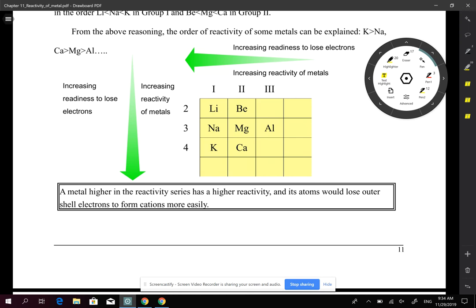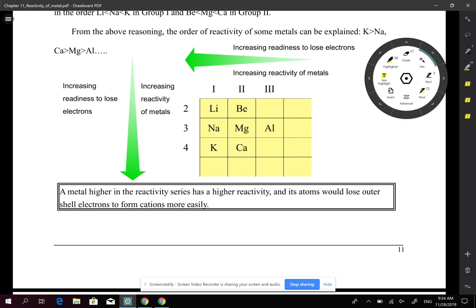But the others, zinc, iron, lead, are transition metals. They have different reasons for their reactivities, so we cannot use the periodic table to predict. But if you're asked why they have different reactivities, you will only be asked about these six.